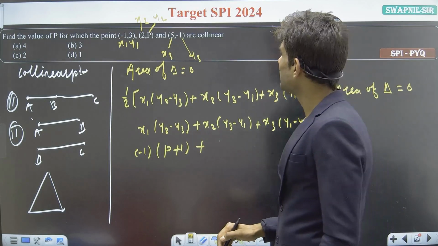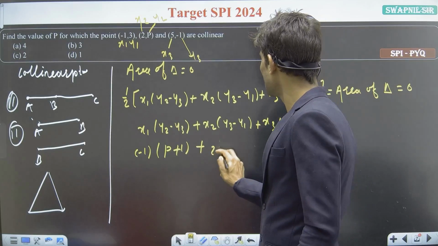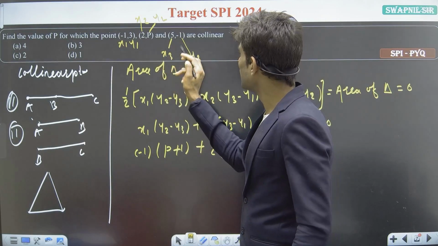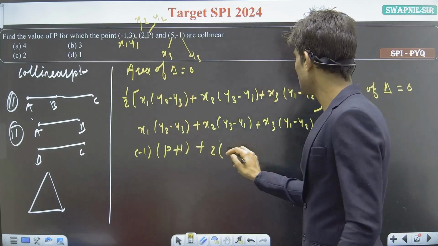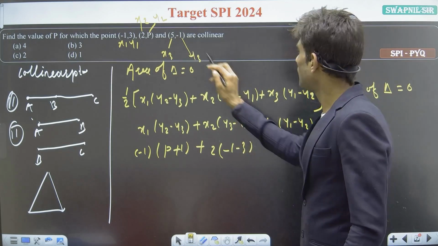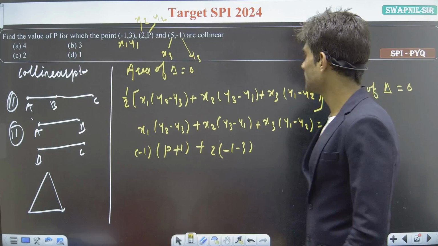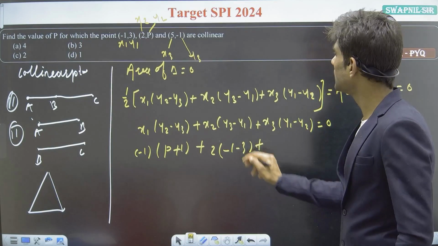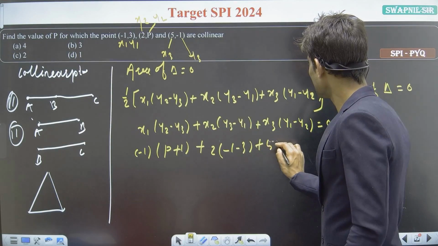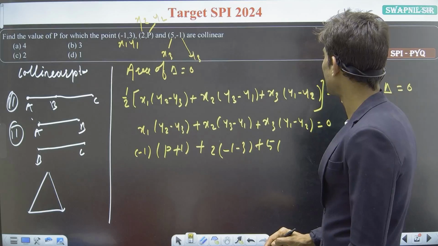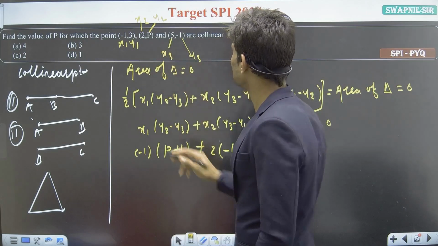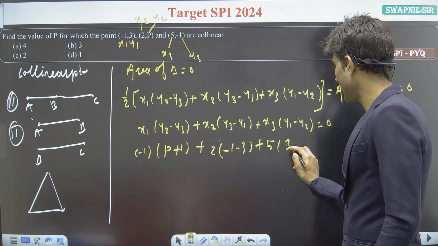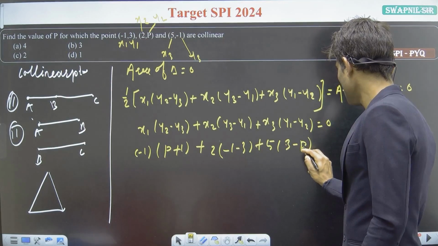Plus x2, which is 2, times y3 minus y1, which is -1 minus 3. Plus x3, which is 5, times the bracket y1 minus y2, here y1 is 3 minus p. Which is equal to 0.